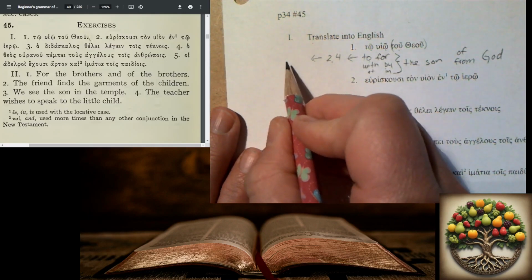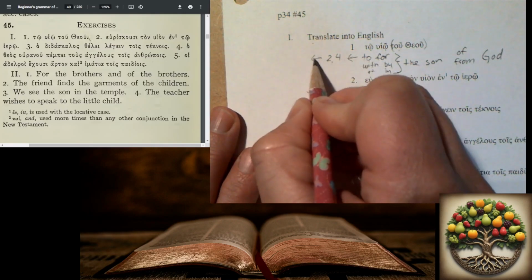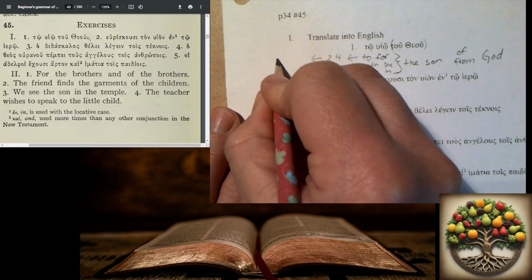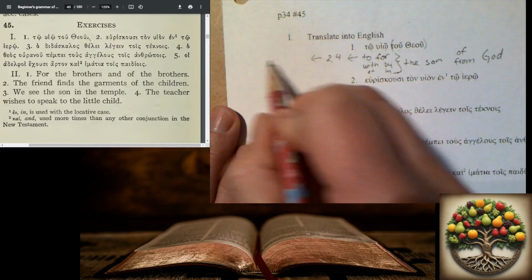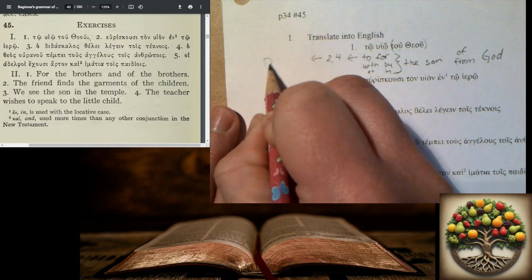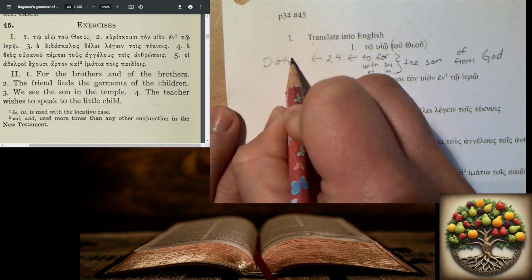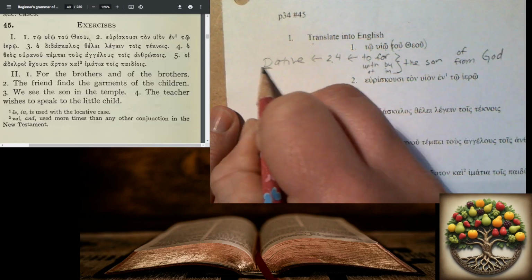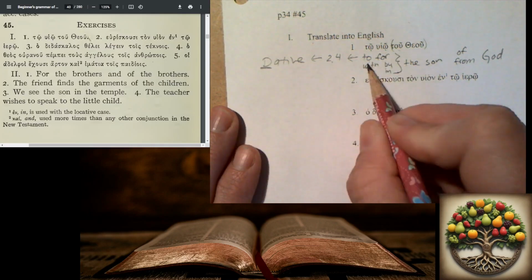Granted, those are robots in Star Wars, but the point is the D. R2, D2. The D is going to stand for the dative. R2D2, 2-4, dative.